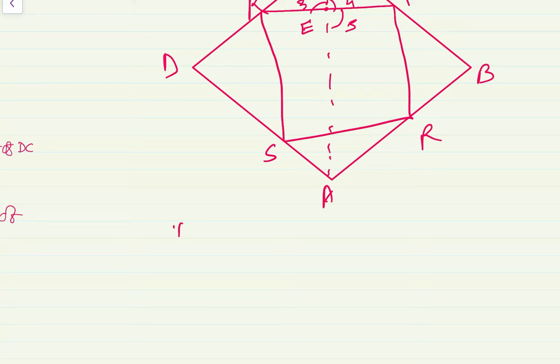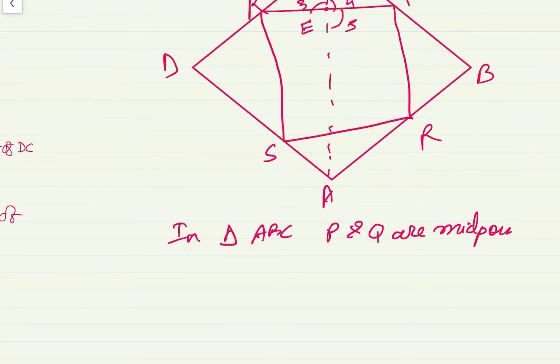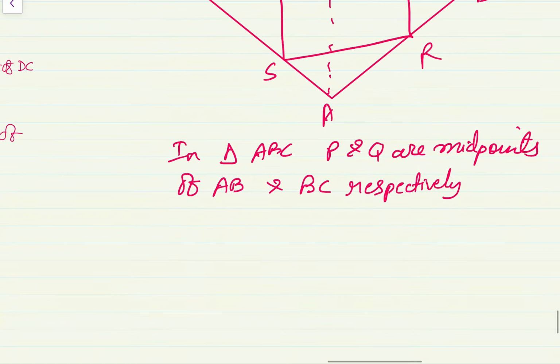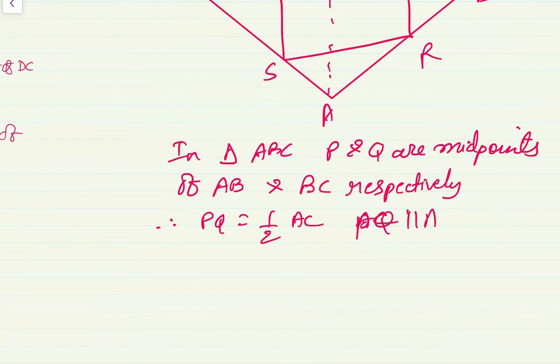We know that in triangle ABC, P and Q are midpoints of AB and BC respectively. Therefore, PQ is equal to half AC and PQ is parallel to AC according to midpoint theorem.